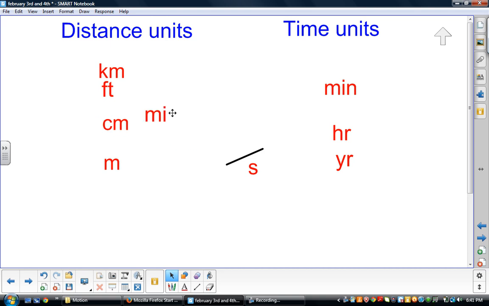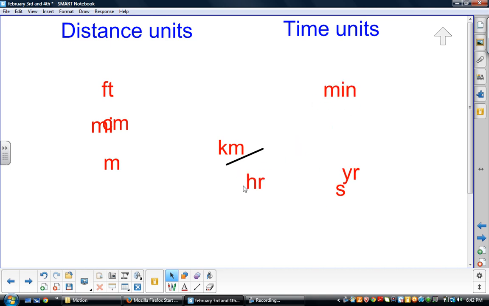And so do miles divided by seconds, and kilometers and feet. So there you go, kilometers per second. Or it could be kilometers per year, or kilometers per minute, or kilometers per hour, or feet per hour. Any of those are units that you can use for speed.